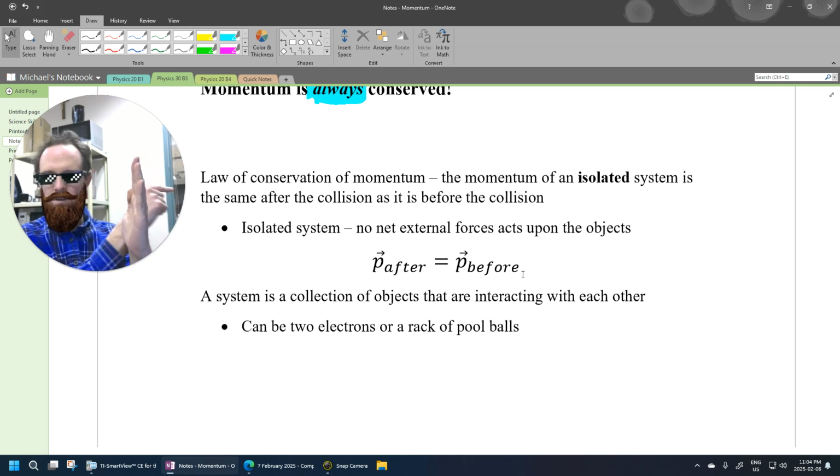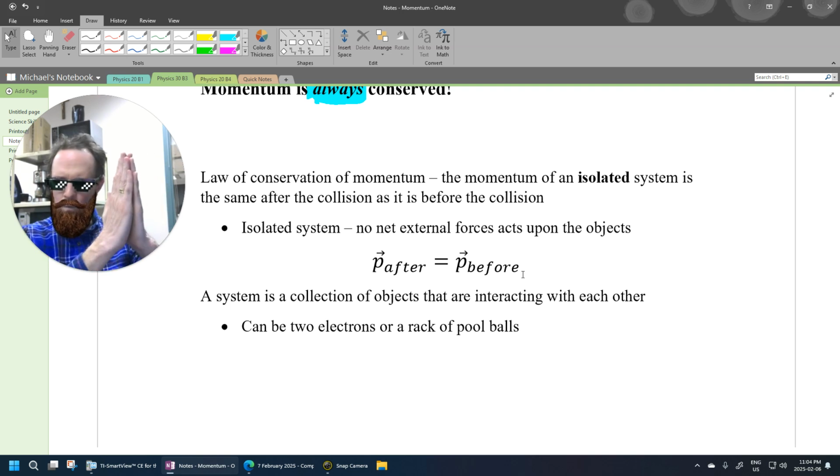And according to Newton's third law, this other object is going to push back in the other direction. So we're going to get a force, and while they're interacting, even for the smallest amount of time, they're still touching and applying a force on each other for a very small amount of time.